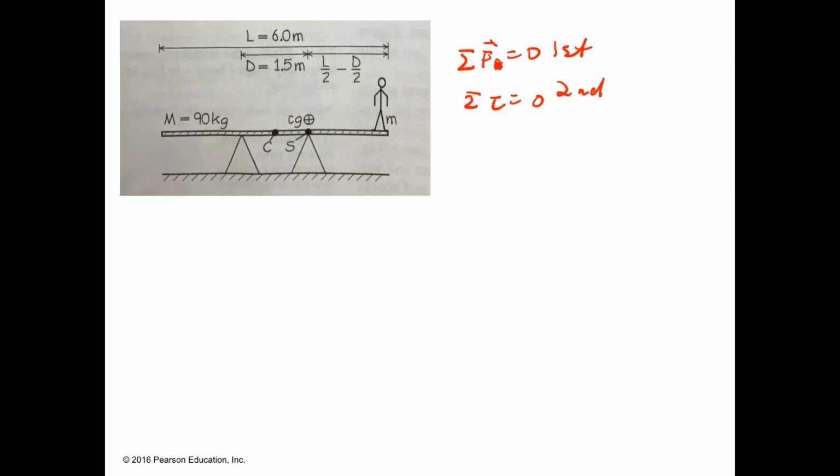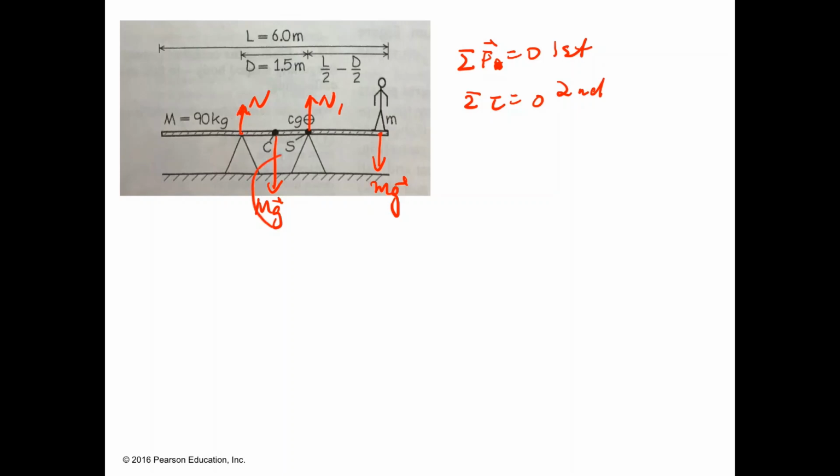Particularly, let's first look at all the forces. We have the weight of this plank, and the weight of this person applied to here. We're looking at the plank only, and we also have the normal force 1 and the normal force 2.